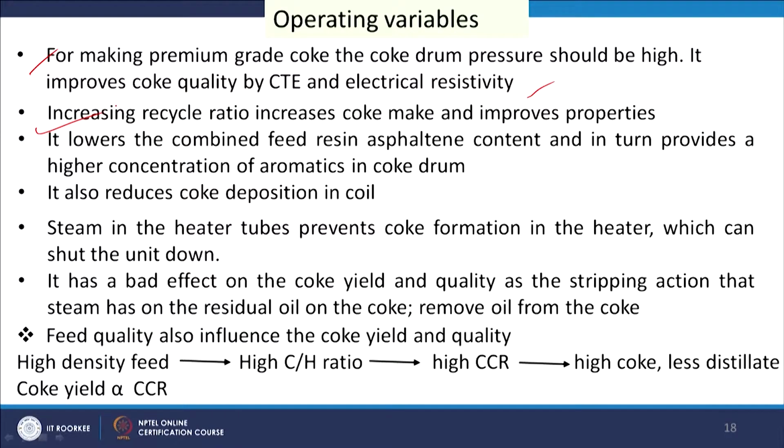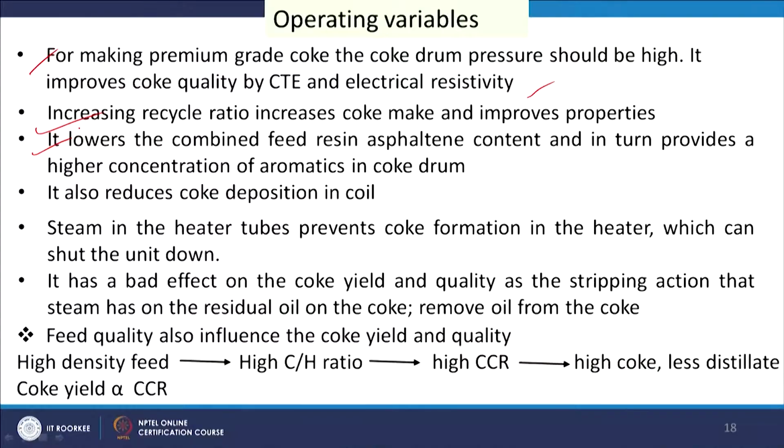Increasing the recycle ratio increases coke make and improves properties, because it lowers the asphaltene in the feed. The more fresh feed we use, the more the asphaltene concentration is reduced, so the quality of the product improves. It also reduces coke deposition in the coil.